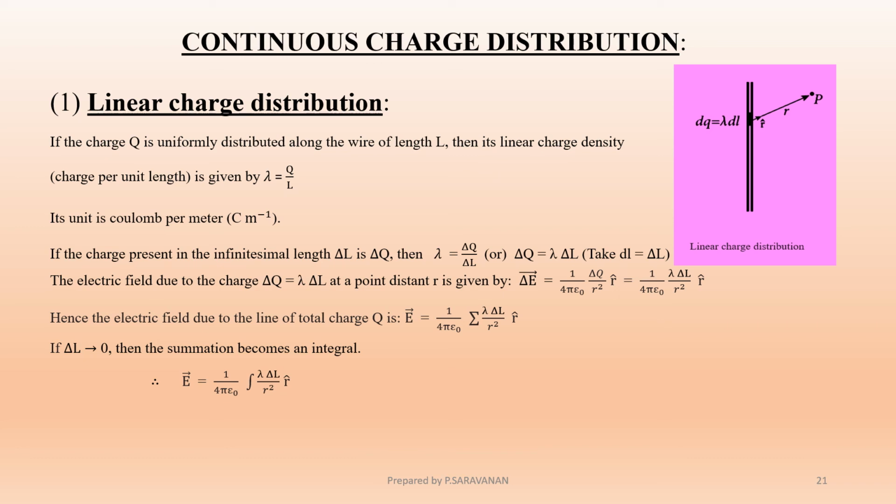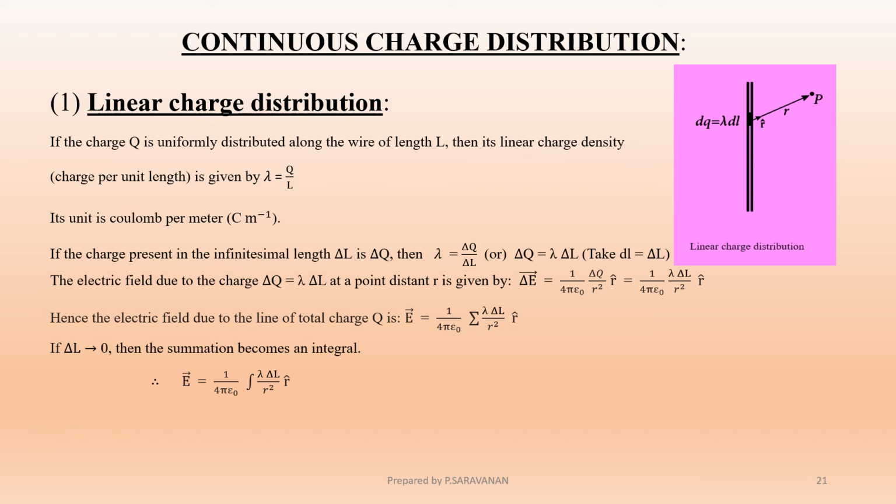If the charge present in an infinitesimal length delta L or dl is represented by delta Q, then lambda is also equal to delta Q by delta L. Cross multiplying, delta Q is equal to lambda times delta L. You can take dl equal to delta L also.